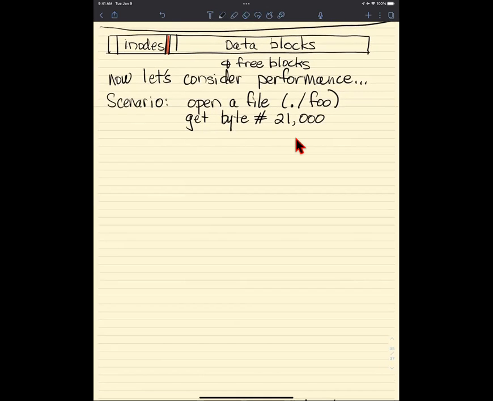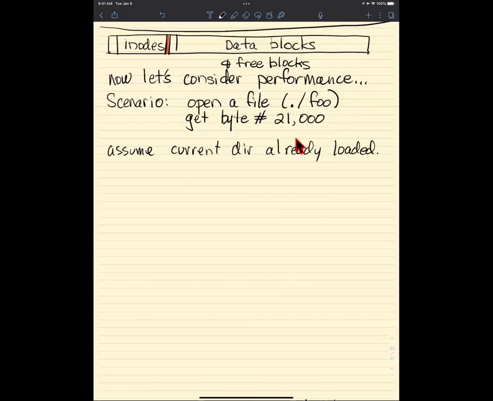So let's talk about what's necessary. If we are opening a file /foo, it means it's in the current directory. So let's assume the current directory is already loaded in RAM.